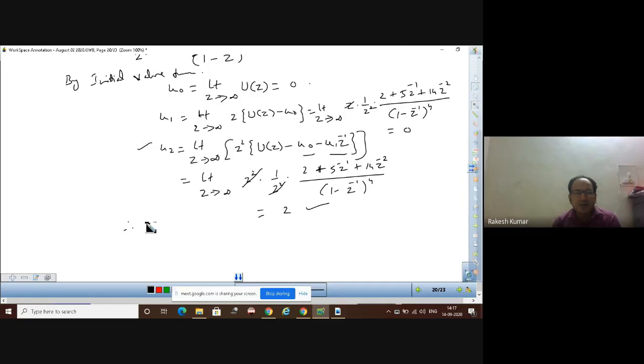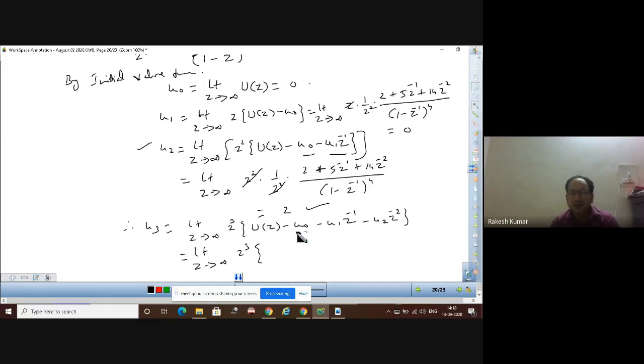We can also compute the next term, that is u3, with the initial value theorem: the limit as z approaches infinity of z³[U(z) − u0 − u1z⁻¹ − u2z⁻²]. Putting in the values, u0 is 0, u1 is 0, and u2 comes out to be 2.